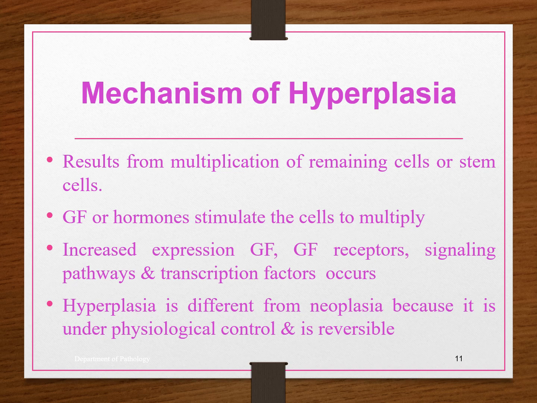Hyperplasia is different from neoplasia because neoplasia is a malignant condition, or a new growth, whereas hyperplasia is increase in the number of the cells. It is under physiological control and is reversible, whereas neoplasia is not under physiological control and it is an irreversible process most of the times.